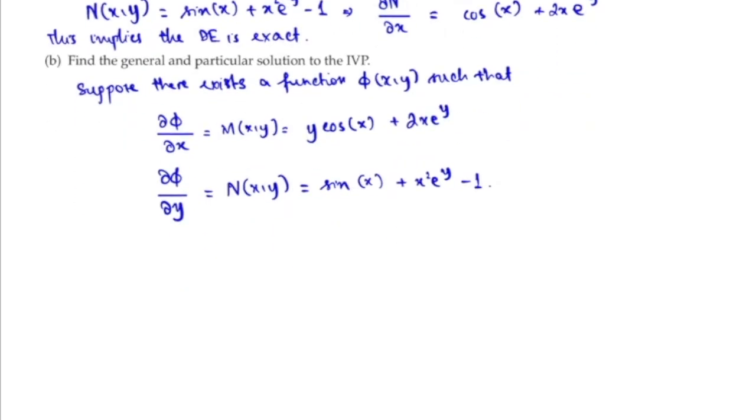So you have two equations. Again, you can start with either of these equations to find the representation of phi of x comma y. I'm going to start with the first equation. So you integrate this equation, let's say equation 1, and this is equation 2.